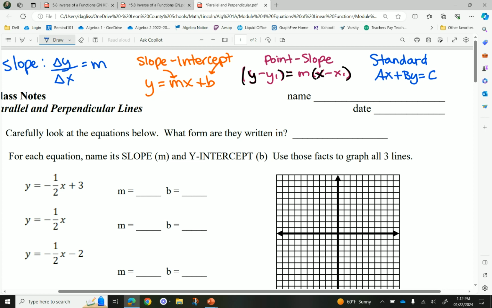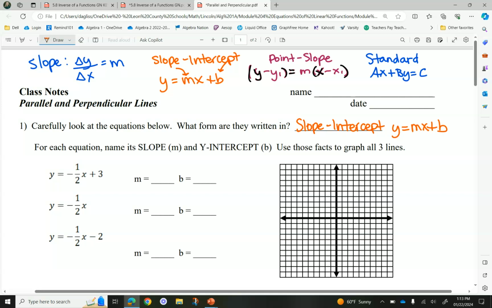See how it's something x plus something, and it's y equals? These are all written in slope-intercept form, which is y equals mx plus b. So for each of these equations, let's name the slope, name the y-intercept, and then we're also going to graph them.